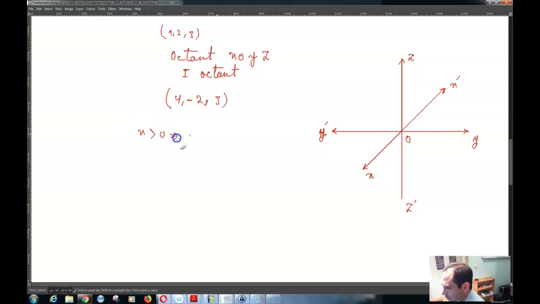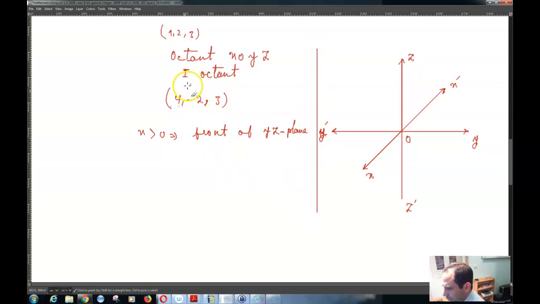That means that you are to the front of the YZ plane.